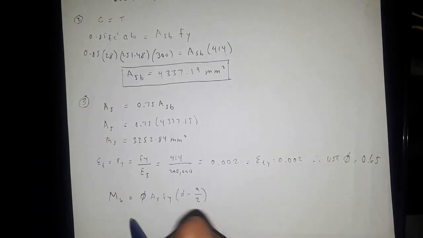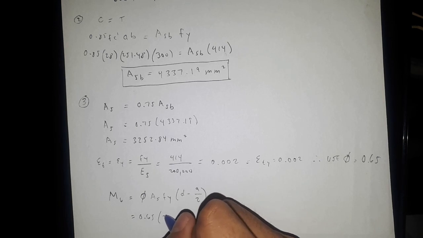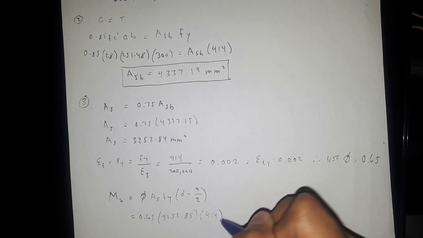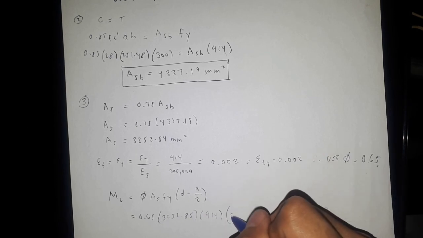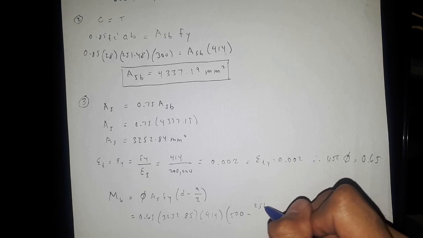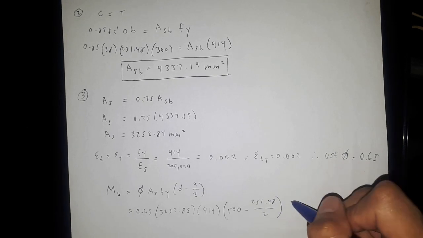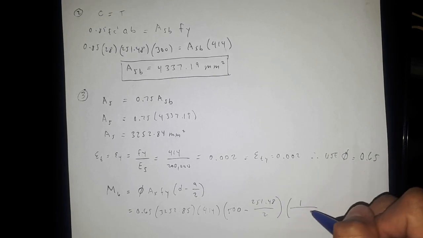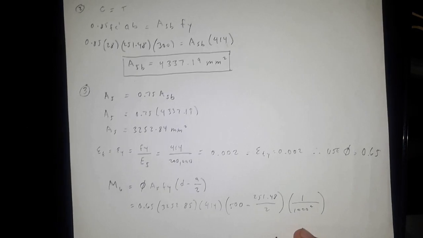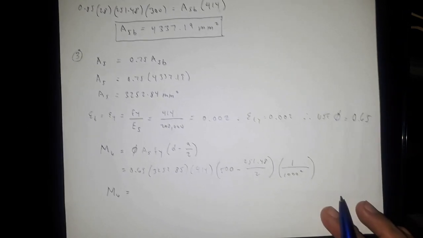So now, Mu equals 0.65 multiplied by the As we got, 3252.84, times Fy of 414, multiplied by 500 minus our a, 251.48, over 2. Then we divide by 1 over 1,000 squared to get the unit of kilonewton meter, because it is in newton-mm.